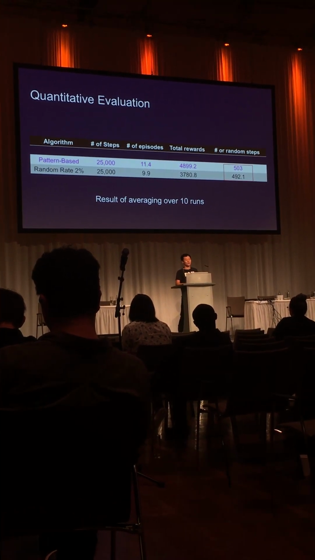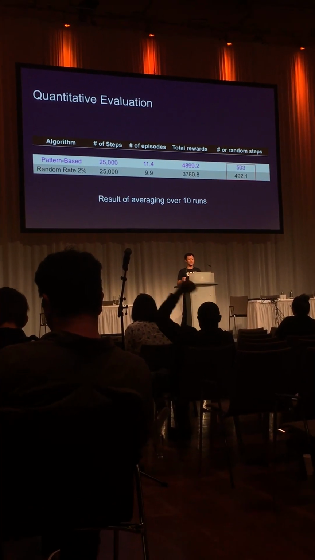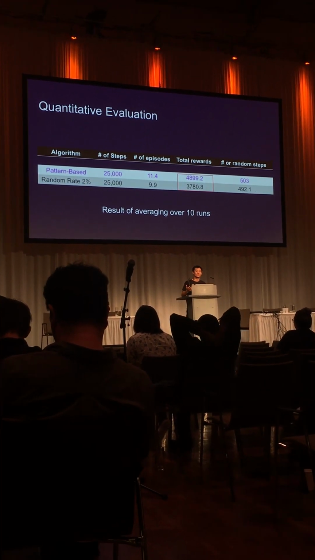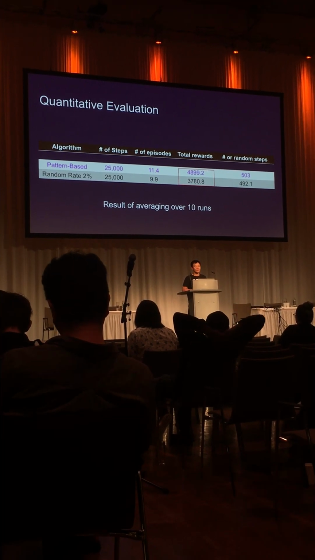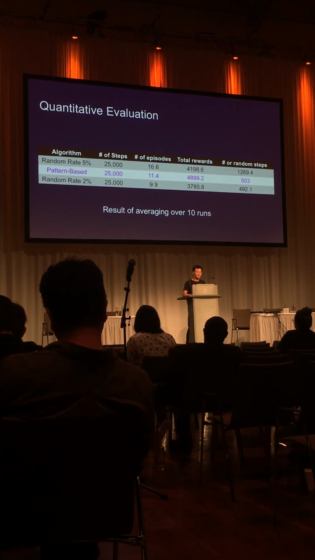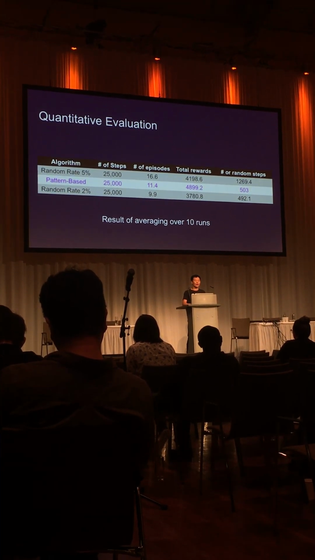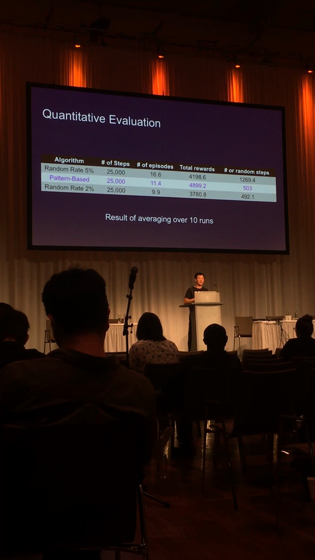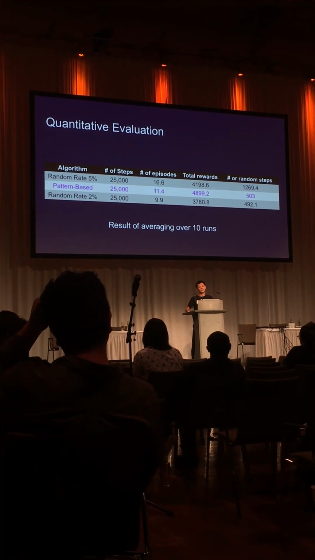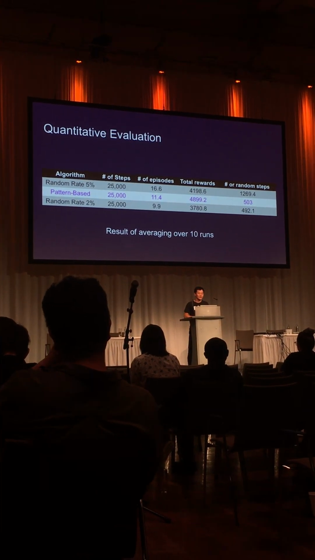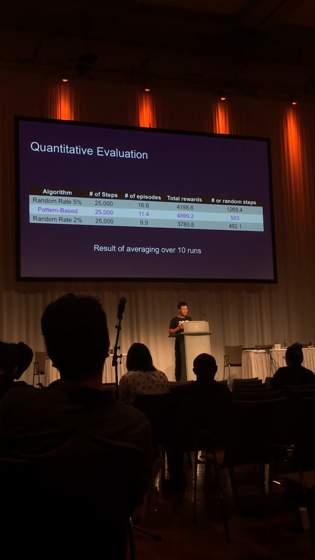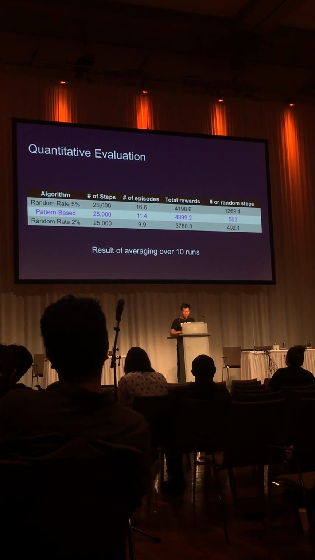If we compare with the 2% fixed rate, we have roughly the same random steps, but the total rewards are much, much higher. So this demonstrates a little bit of improvement based on our understanding, our human input, and this kind of visualization. This approach builds a human in the loop for the first survey. So we make a little improvement on this, but you can see the results, right?